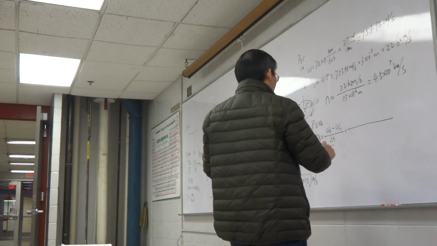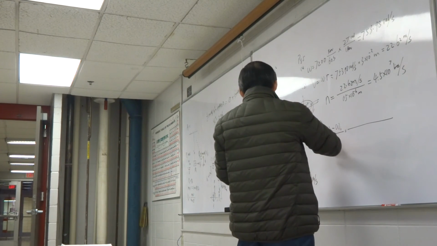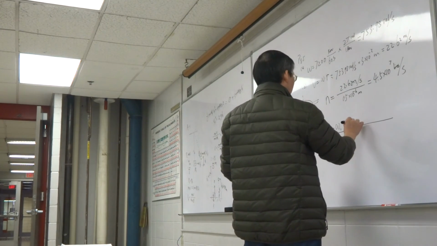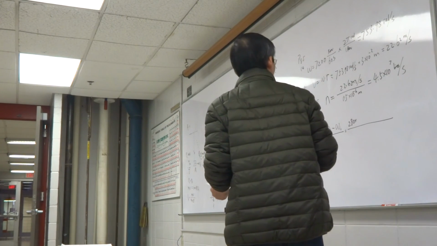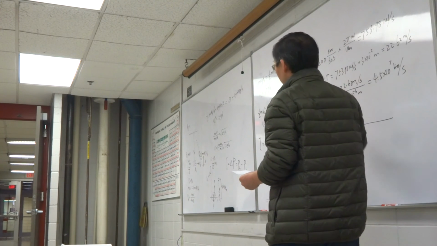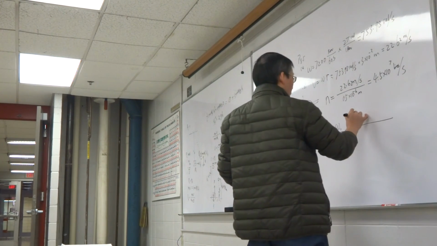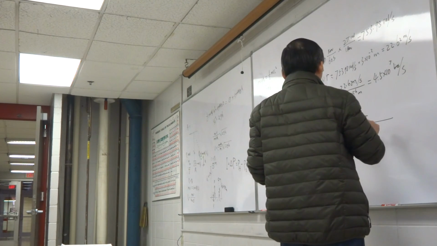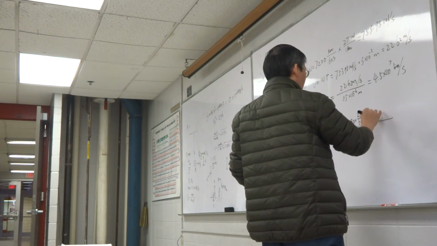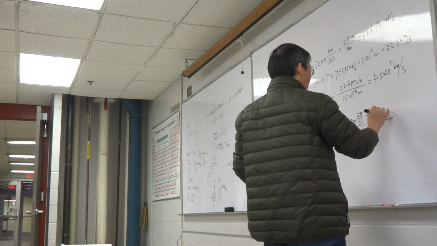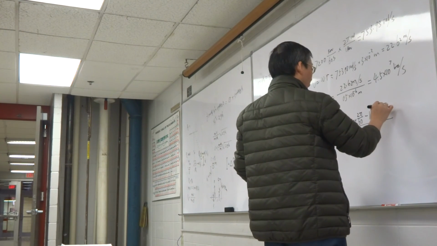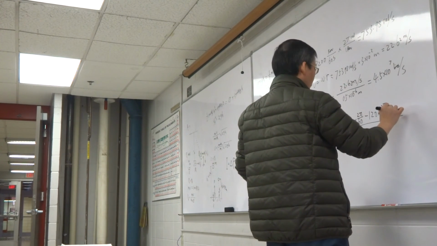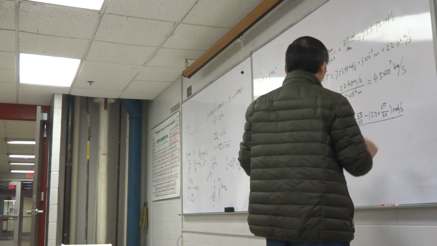The final angular speed is 280 RPM, times 2 pi divided by 60, minus the initial angular velocity, 120 times 2 pi divided by 60, in radians per second.